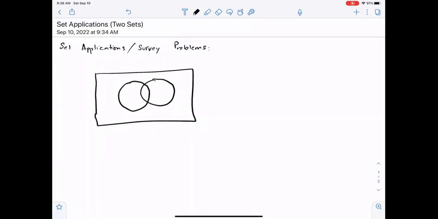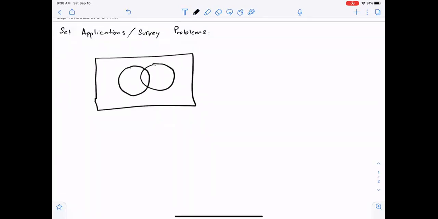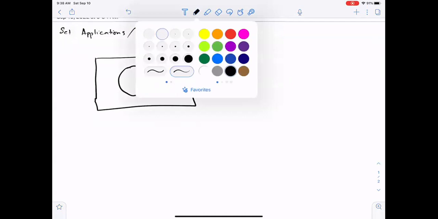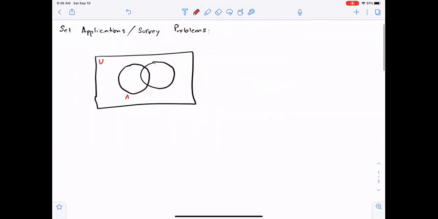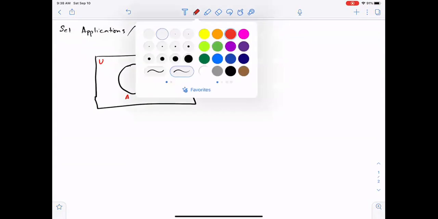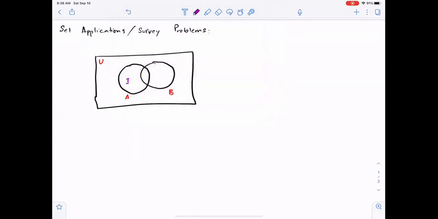I have two sets, perhaps the universal set, set A, set B, and I'll put three different regions: region 1, region 2, and region 3.